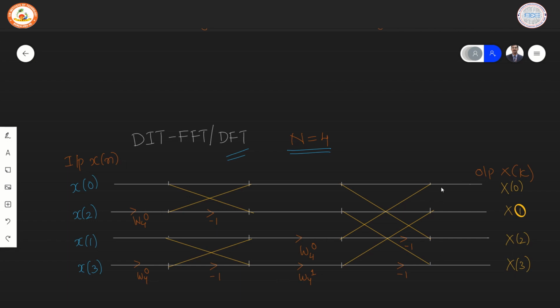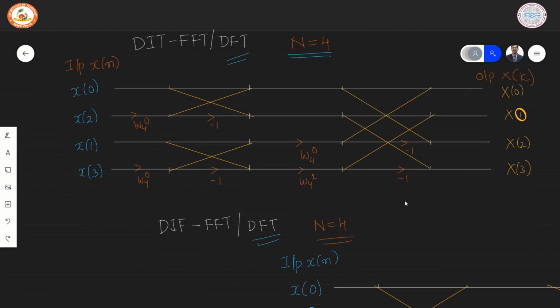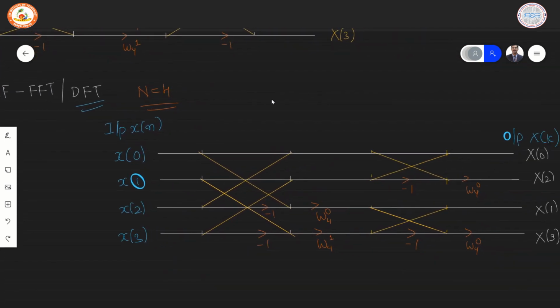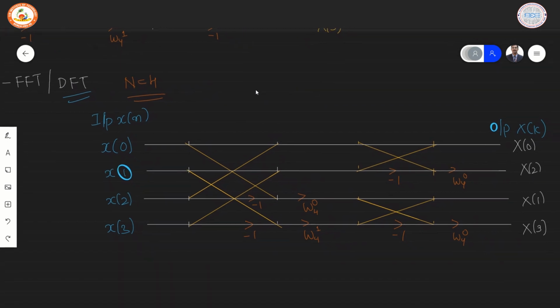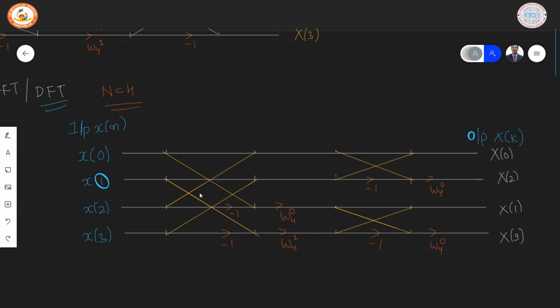And finally, after you get the answers, we observe that the results here will be in a sequential order. So the outputs are x of 0, x of 1, x of 2, and x of 3. On similar lines, if we observe the structure for DIF FFT, for DFT of n is equal to 4, we observe again there are 2 stages.